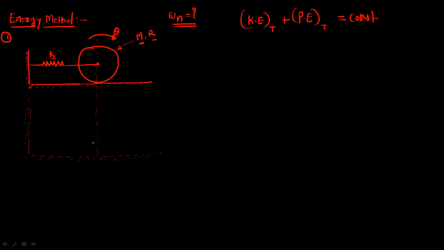Here I have drawn the displaced position just to give you an idea how the disk will move to the right side. After giving the displacement theta, the center of this disk will shift toward the right side by some displacement, and because of that this spring K will get deformed. This line represents the initial position of its center of gravity.